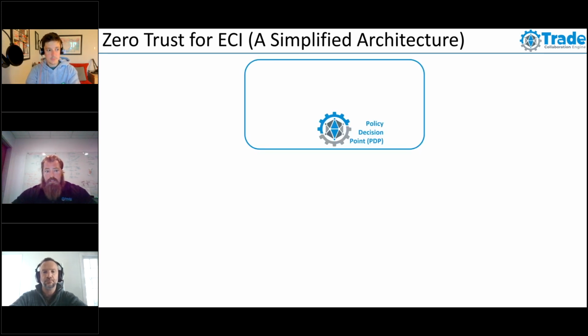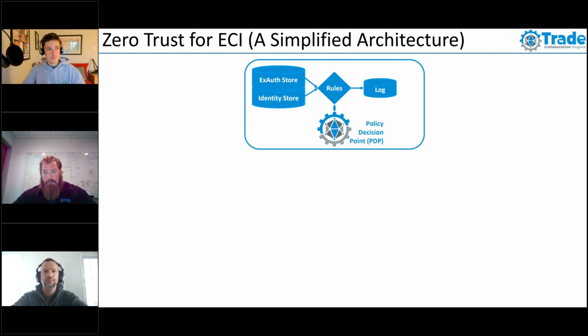From a zero trust, and this is a simplified architecture, there are really two components within this model. There's a policy decision point, right, that has all your rules. It also has your export authorizations and your identity attributes of your people, right? The rules process and make decisions. All those decisions are logged, right?